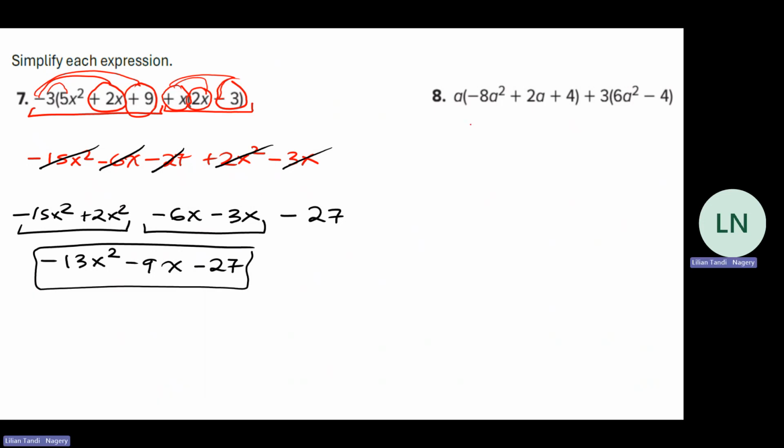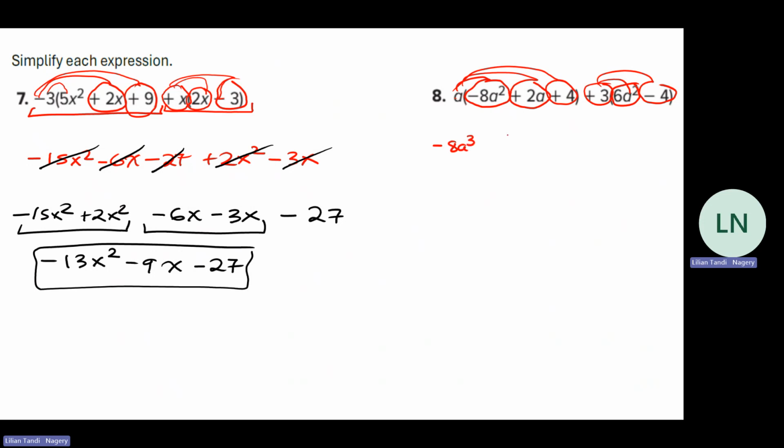Okay? So let's do this. A here, A here, A here. Positive 3 here, positive 3 here. A times negative 8A squared becomes negative 8A cubed.